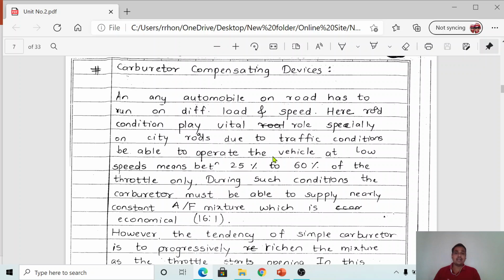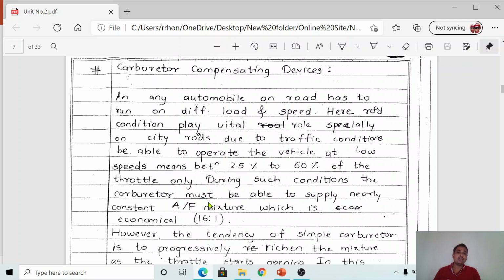Due to traffic conditions, the vehicle operates at low speeds, between 25% to 60% of throttle opening. On a city road, the throttle will not be fully open; we operate it only at 25% to 60% because of the traffic.